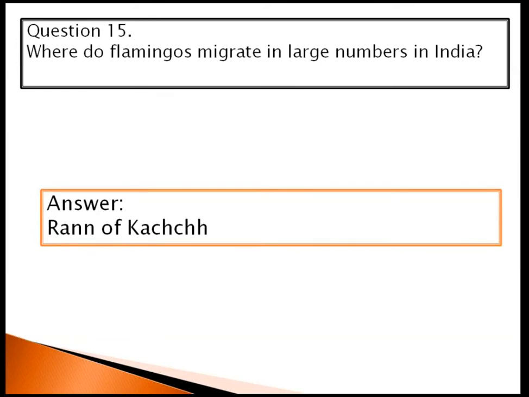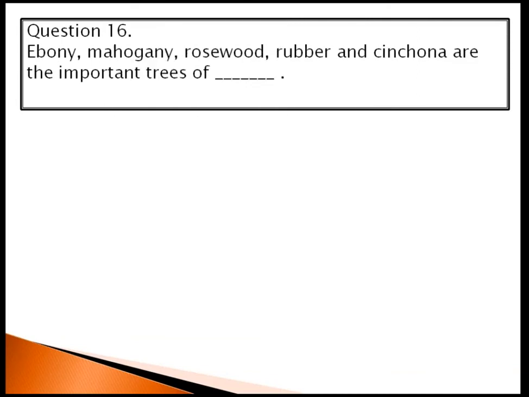Answer is Rann of Kutch. So flamingos migrate in large number in India to the Rann of Kutch. Next question.